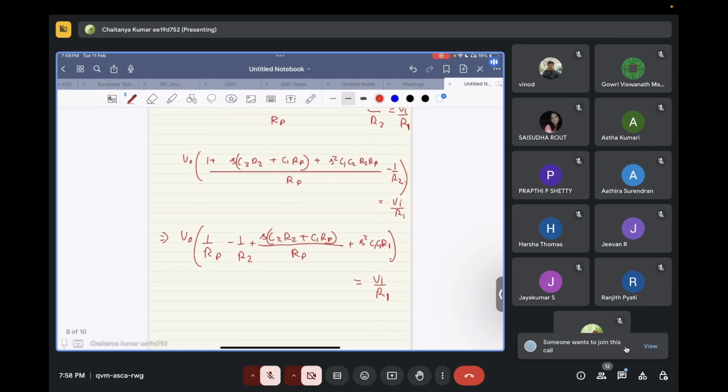Okay, now 1 by RP was equal to 1 by R1 plus 1 by R2, right?